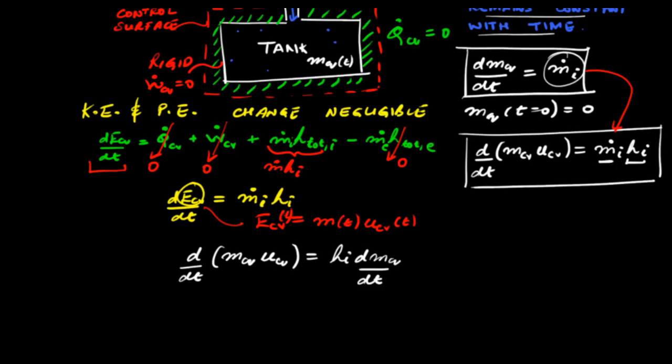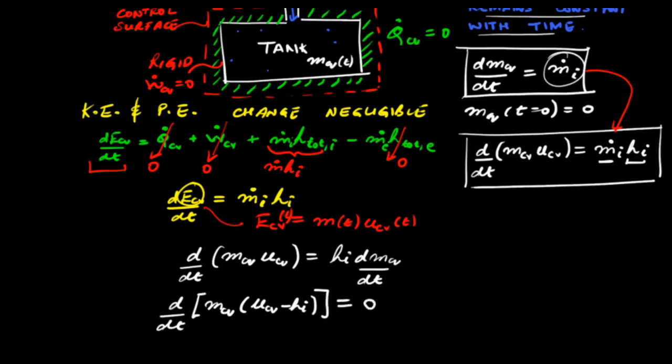And h_i is not a function of time because we've assumed that the inlet conditions are time independent. So we can also write this as d by dt of m_CV times u_CV minus h_i, and that is equal to 0.